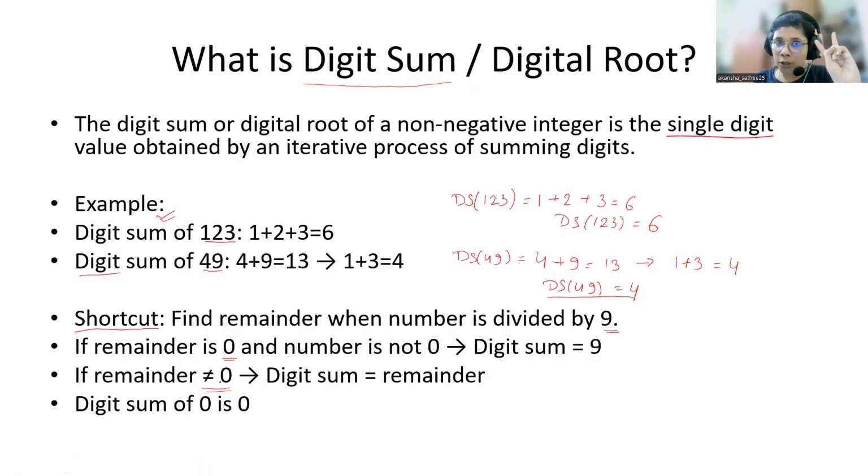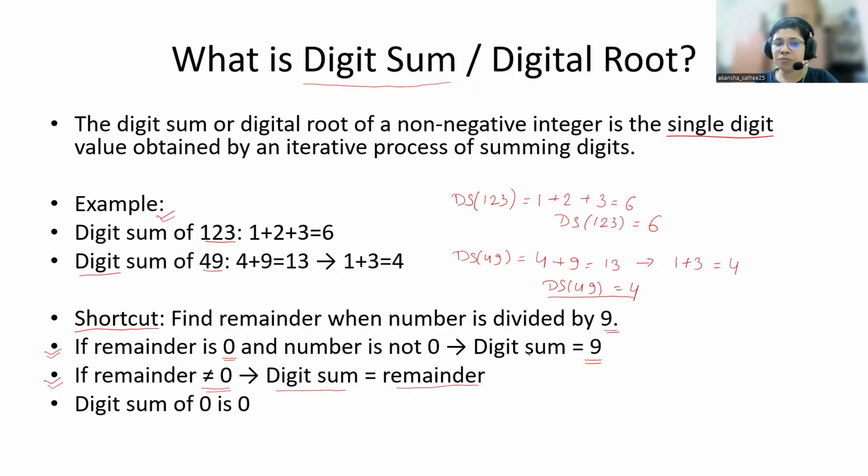There could be two possibilities: either the remainder is 0, or the remainder is non-zero. If the remainder is 0, digit sum is simply 9. Is that clear? If the remainder is 0, digit sum is simply 9. And if the remainder is non-zero, digit sum is equal to that remainder itself.